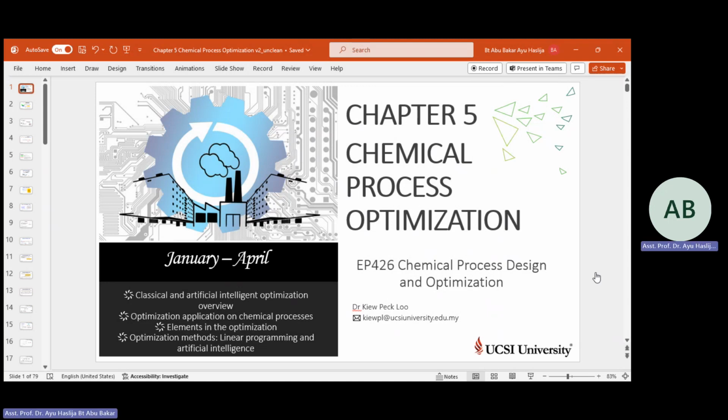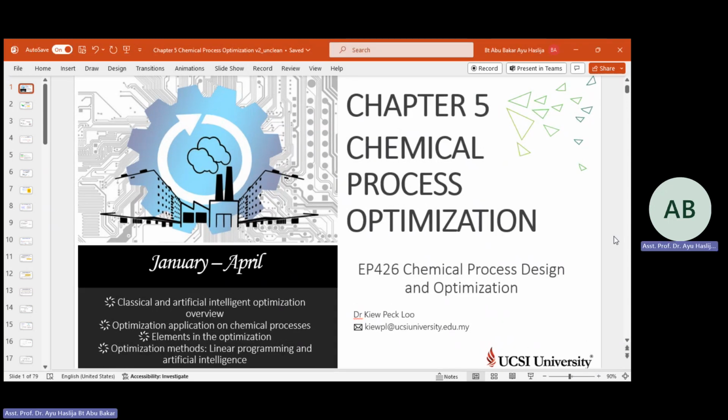The first one broke, so I had to quickly go change the circle. So now I proceed to chapter 5, chemical process optimization.